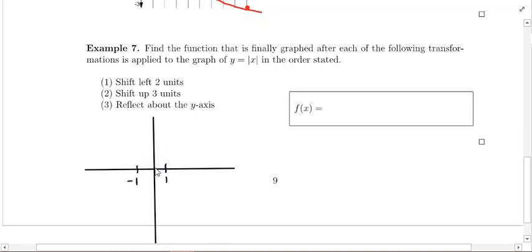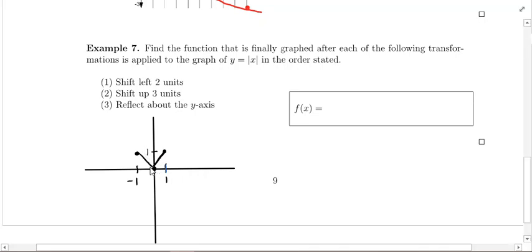Originally we know that the absolute value function is a V shape. It goes through the origin, it goes through 1, 1, and it goes through negative 1, 1. I'm just going to do this little portion of the graph and transform it to help myself reason through this. The first thing we need to do is shift left 2 units.